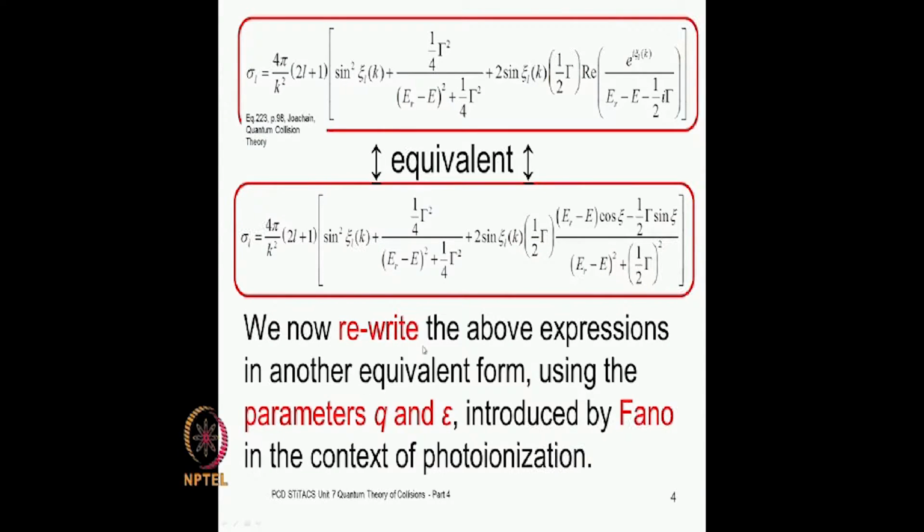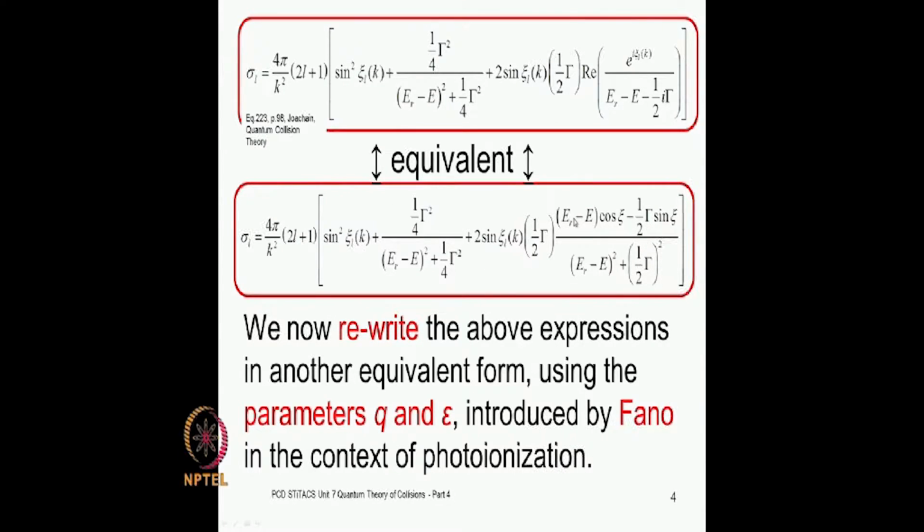What we will do now is to introduce the parameters which were defined by Fano in that famous paper, and we rewrite this expression in terms of q and epsilon so that we express the effective cross section sigma L of the Lth partial wave in terms of q and epsilon rather than the terms that you see over here.